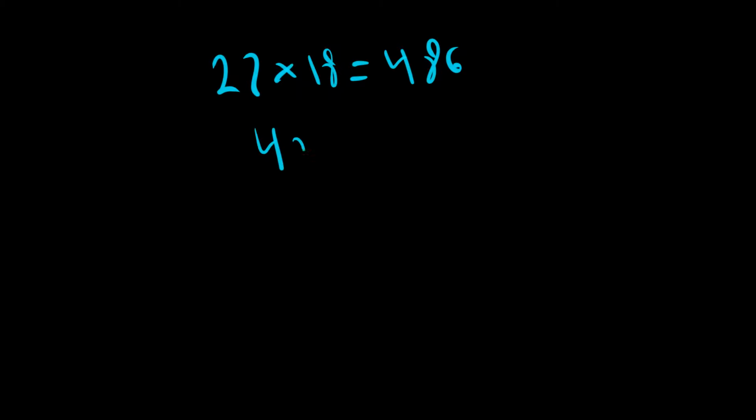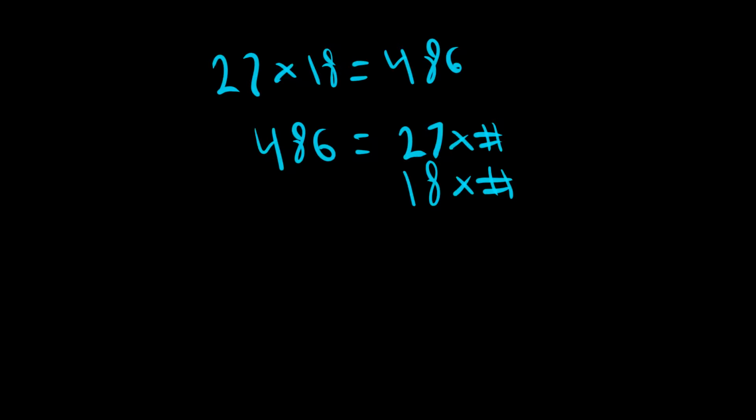So 486 is a multiple of 27 and a multiple of 18. But again, we want to find the least common multiple. Of course, there are many multiples that they share in common, but we want to find the least common multiple that they share.